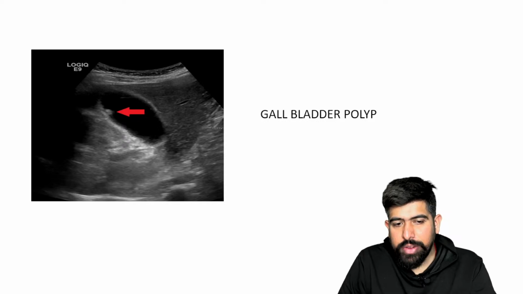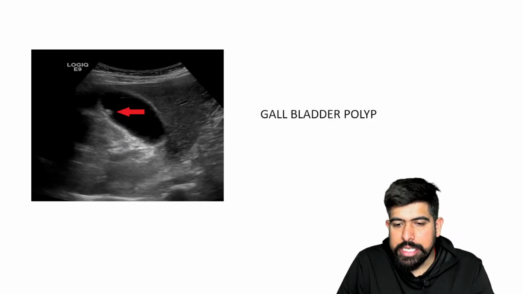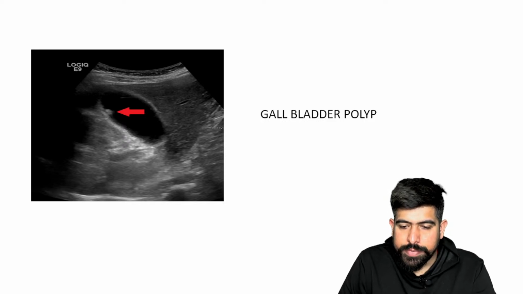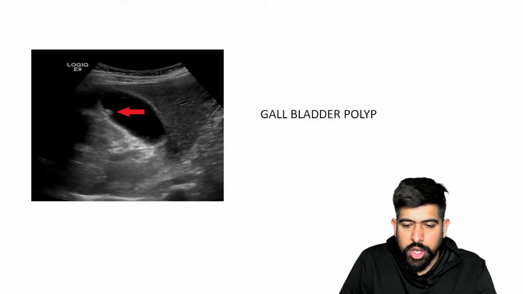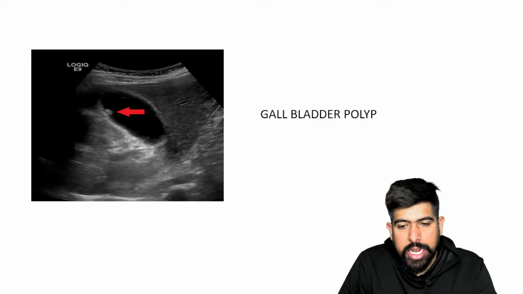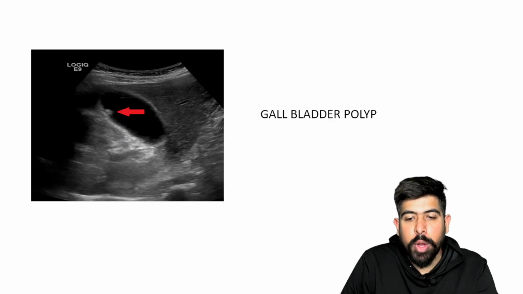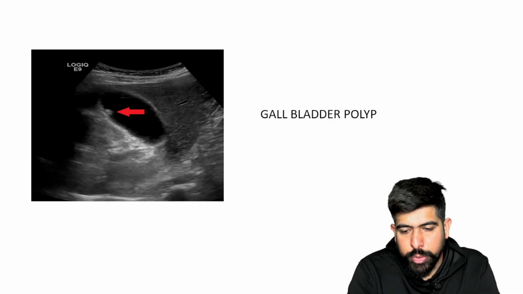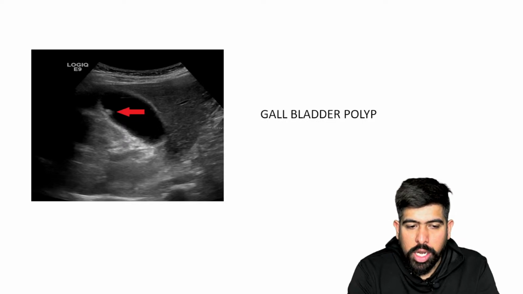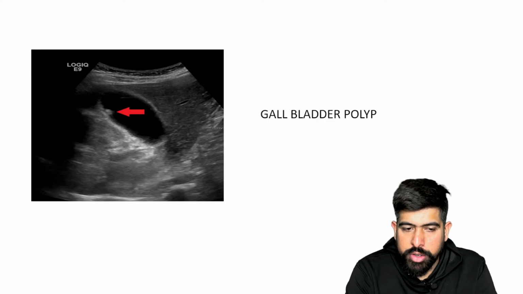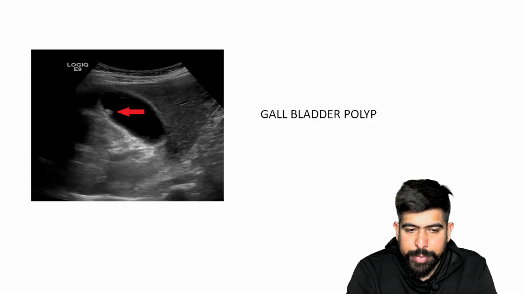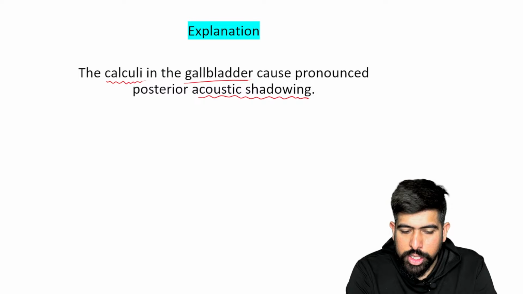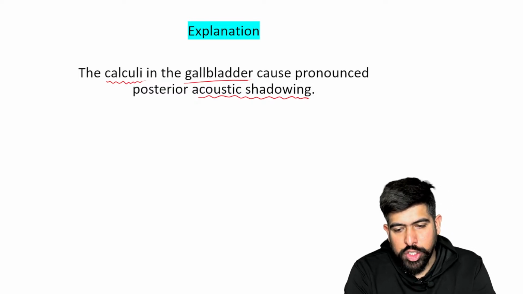So if something is seen in the gallbladder, how do we identify it by ultrasound? Is it gallbladder calculi or a gallbladder polyp? By seeing the shadow, you can identify whether this is a gallbladder stone or a gallbladder polyp. We're going to talk about this image at the last. I will cover this image also.